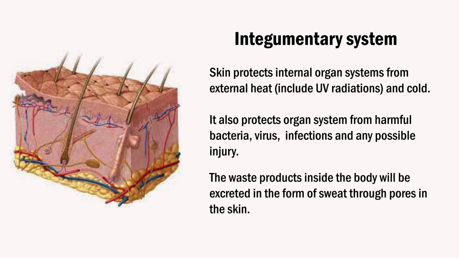The integumentary system includes sensation, temperature, pain, etc., which helps our body interact with the outer world. The waste products inside the body are excreted in the form of sweat through pores in the skin.